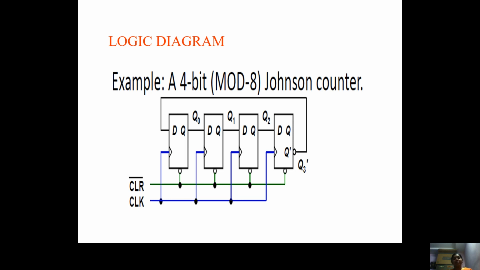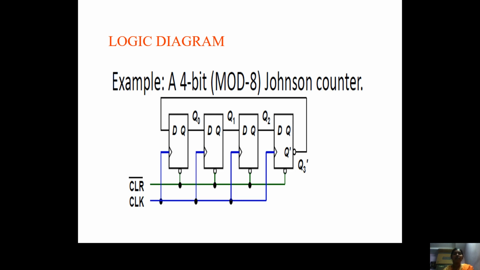This is the difference between Johnson counter and ring counter. And here it is possible to increase the number of states by simply taking fewer flip-flops. For example, here we have taken 4 flip-flops and it is able to count 2n, that is 2 into 4, 8 values, a mod 8 counter.